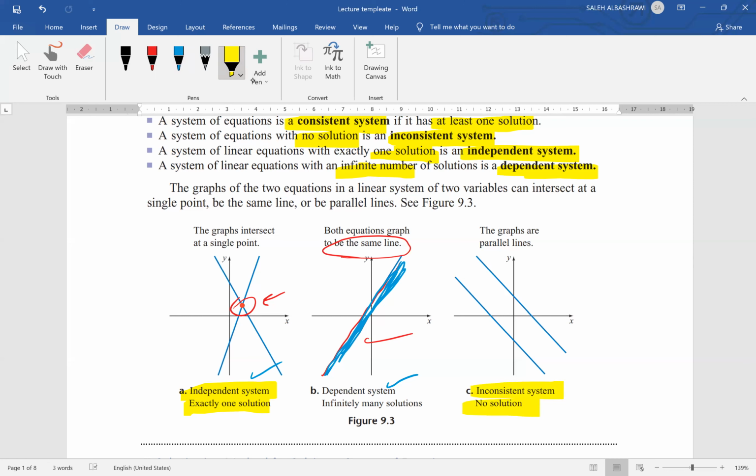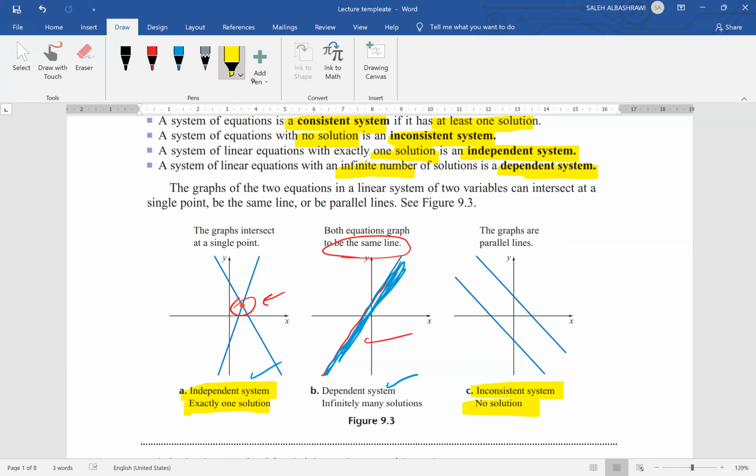It means no solution. So again, we have a consistent system with one solution, that is an independent system. We have a consistent system with an infinite number of solutions, that is a dependent system. And we have an inconsistent system with no solution, where the two lines are parallel.